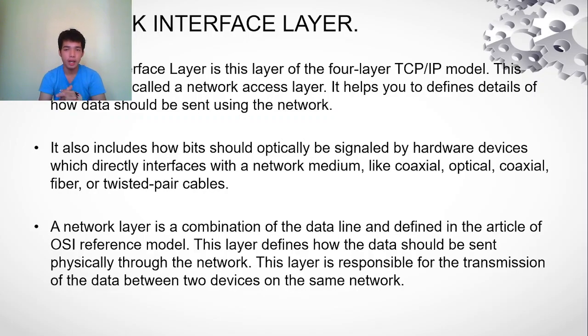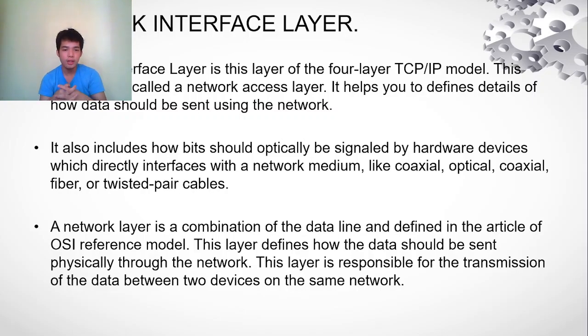It includes how bits should be optically signaled by hardware devices that directly interface with the network medium, for example coaxial, optical fiber, or twisted pair cables. So the network interface layer, or network access layer, helps us define how data should be sent using networks.